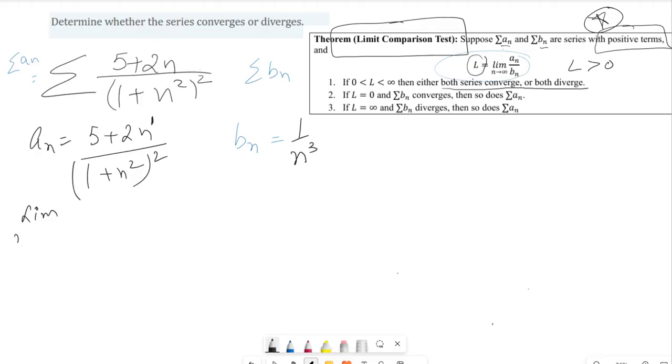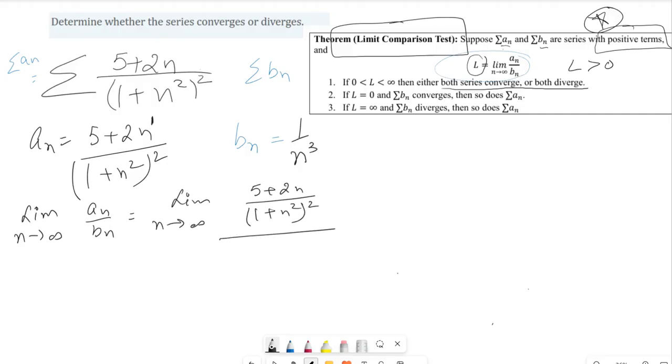Let's see if it works. You need to find the limit as n approaches infinity of a_n by b_n. What is a_n? (5 plus 2n) by (1 plus n squared) power 2, divided by 1 by n cube. What happens when two fractions are divided? The denominator one flips.